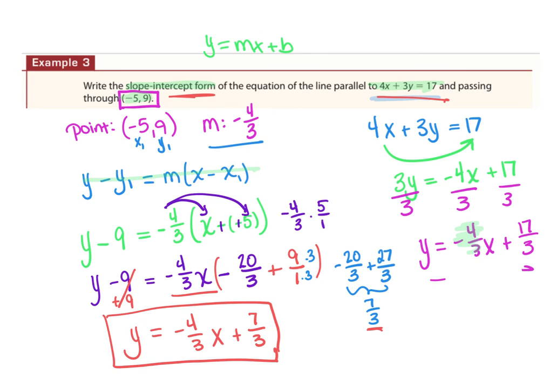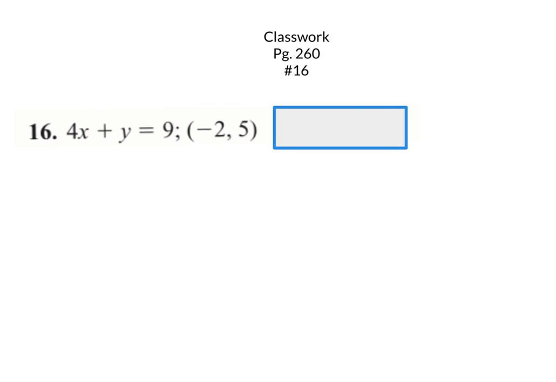Question. So if they want it parallel to that line, the first thing you have to do is find the slope of that line. Then use the slope and the point that they gave you for your point slope equation.